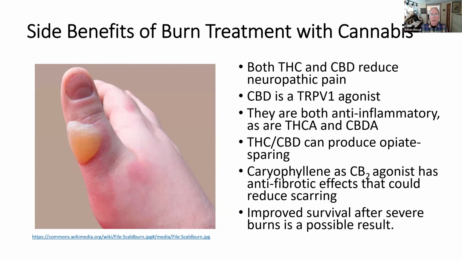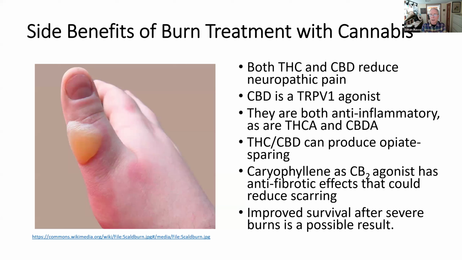Now, how might this help? We know that both THC and CBD reduce neuropathic pain. Being European hemp, this is more likely CBD with no significant THC. We know that CBD is a TRPV1 receptor agonist, like capsaicin. And these various substances are anti-inflammatory, and the corresponding acids in the raw plant are as well.